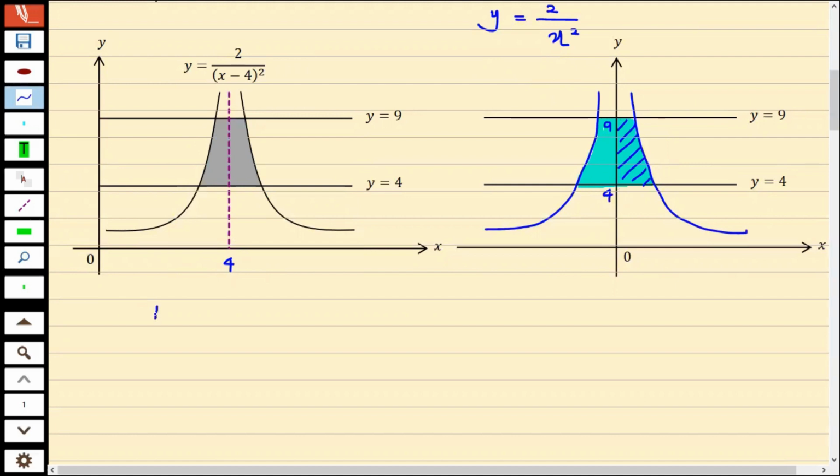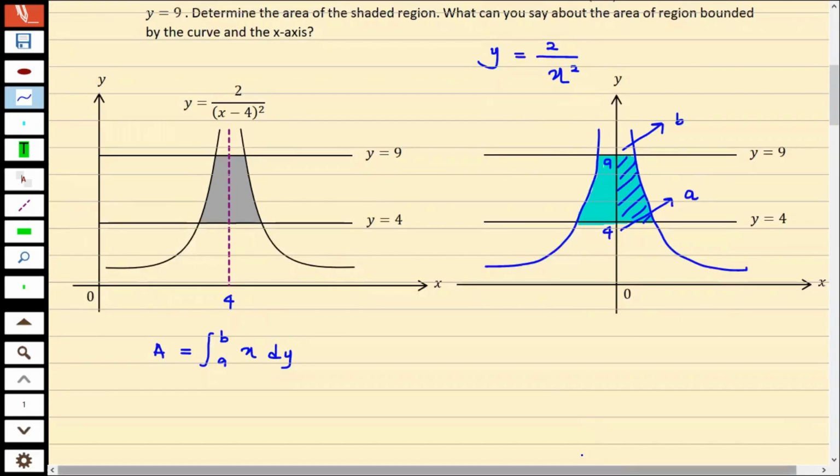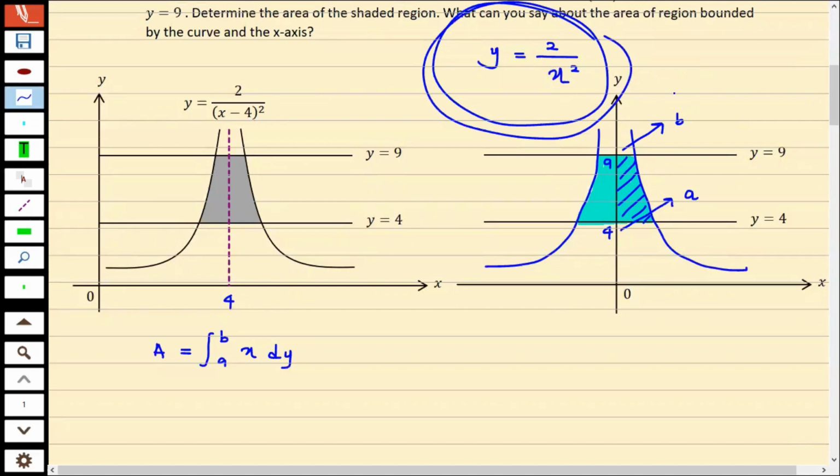Okay, the formula will be area, integral from A to B of x dy. I think you know what's your B and A. So guys, now this is your A, this is your B, and this is your A. Got it? Okay, your next thing is I'm going to express this equation in terms of x.